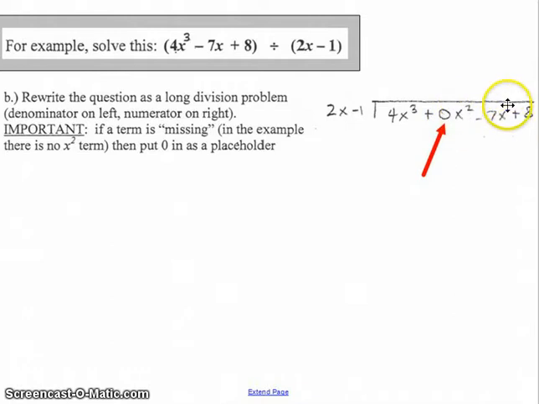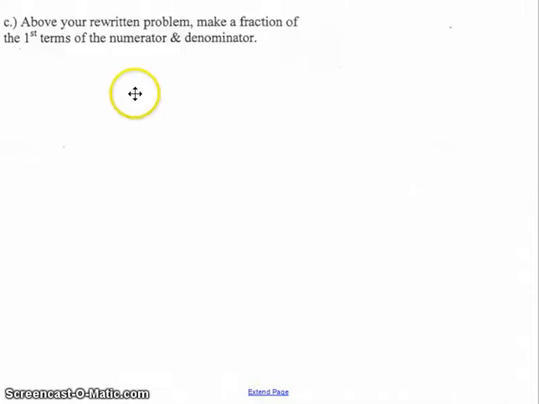Then I do have degree 1, and I do have degree 0. Now that I've gotten all of these represented, and by the way, you may find that you'll have to do something like that on the left here, too. I generally don't on the left, but you may find it helpful. Once we've got that set, we're ready to move on to step C.